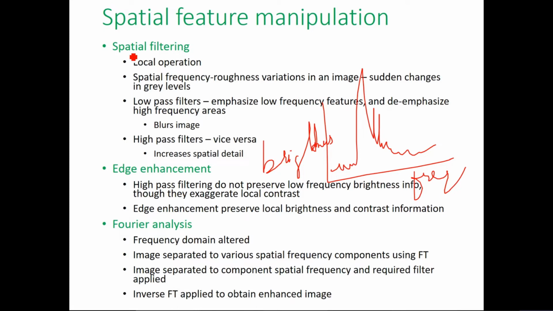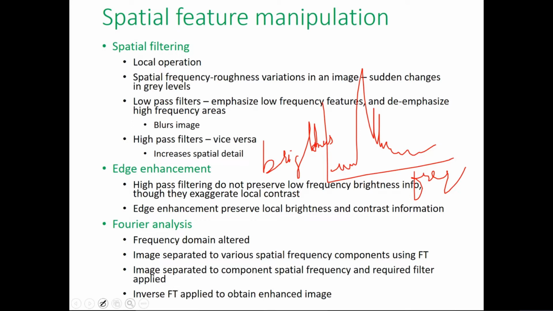Then you can alter those frequency contents, enhance the particular frequency contents that you need, and then do the backward process, the inverse Fourier transform. Once you manipulate the altered frequency contents and invert this, you get an enhanced image. So that is Fourier analysis.